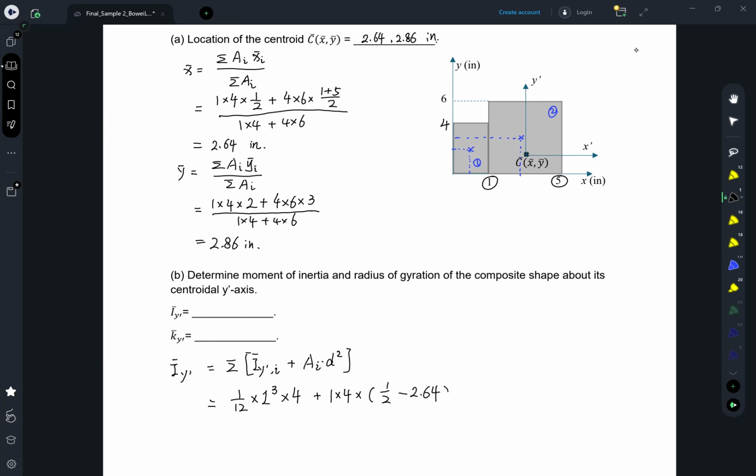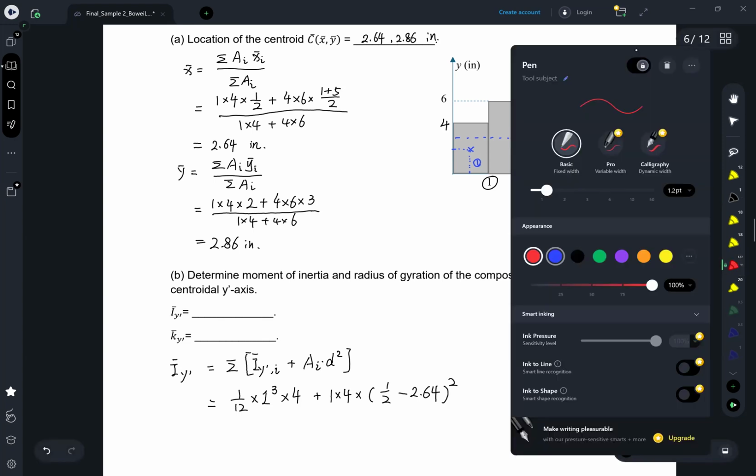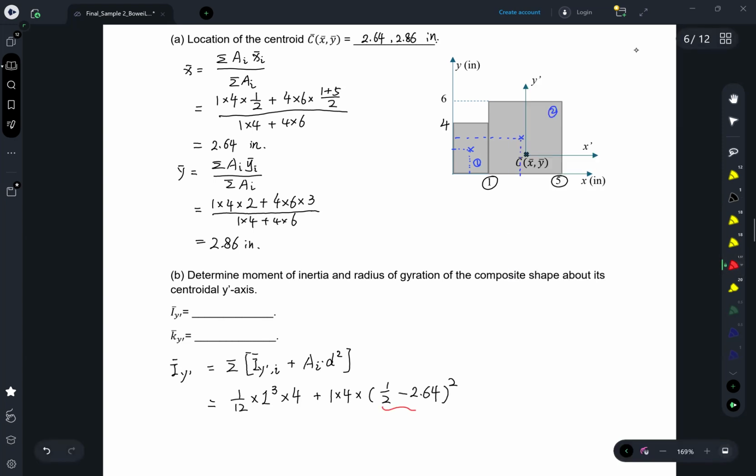And you square that. To illustrate, this is the distance between the centroid of the first area and my y prime here.